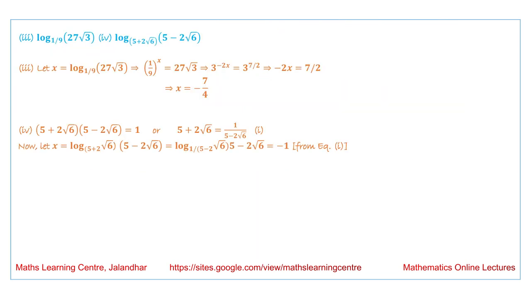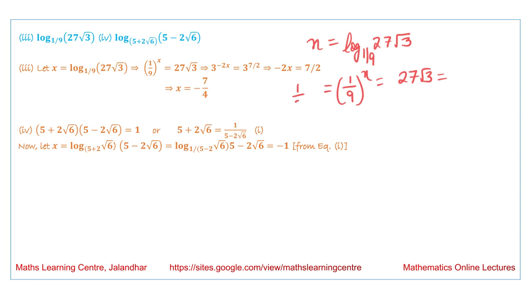Next is log of 27 root 3 to the base 1 by 9. Again we suppose it is equal to x. So we are solving 1 by 9 raised to the power x is equal to 27 root 3. We can write the left side as 1 by 3 raised to the power 2x, and the right side as 3 raised to the power 3 into 3 raised to the power 1 by 2.